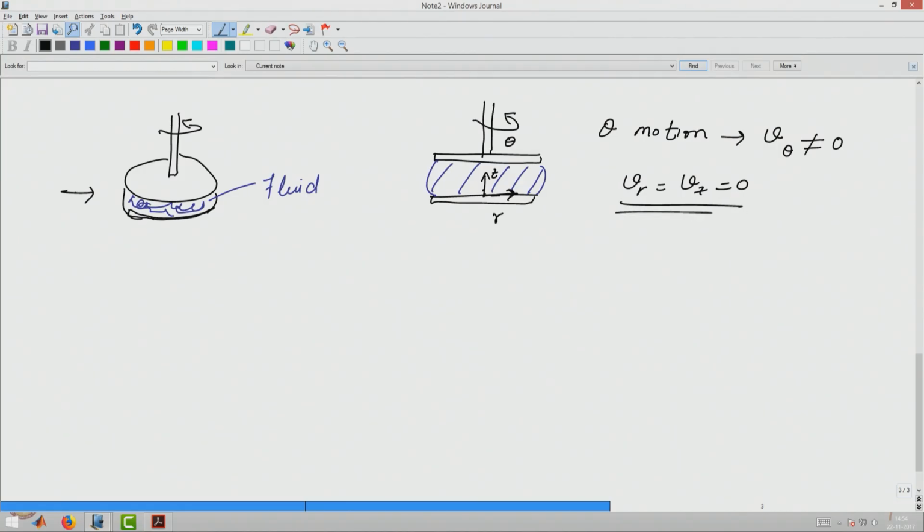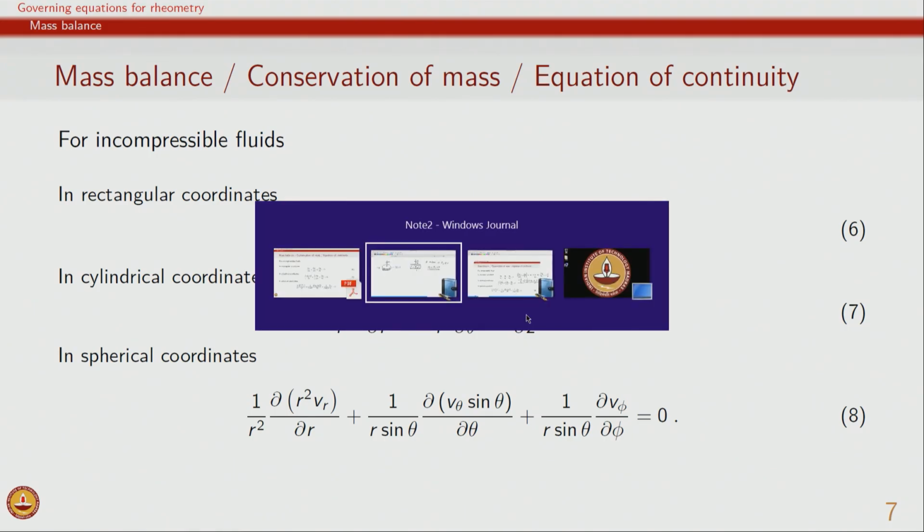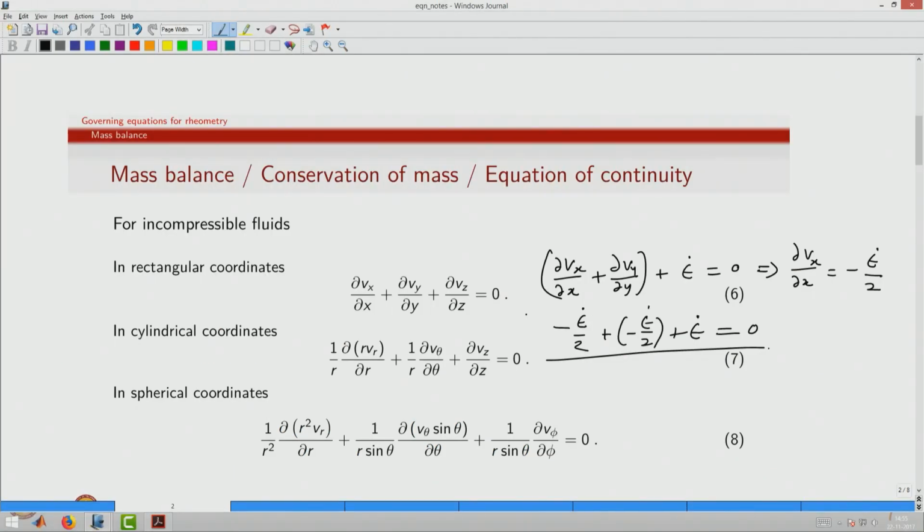So, if we now go back and look at what the mass balance says, since v r and v z are 0, we do not really have to take them into account, and we get the obvious statement that del v theta by del theta is 0.